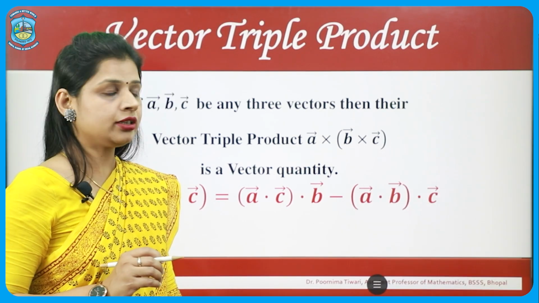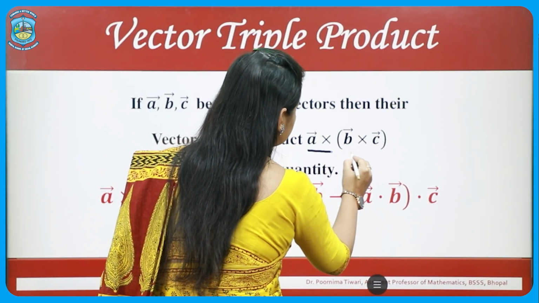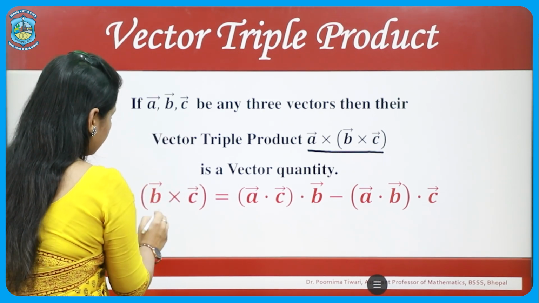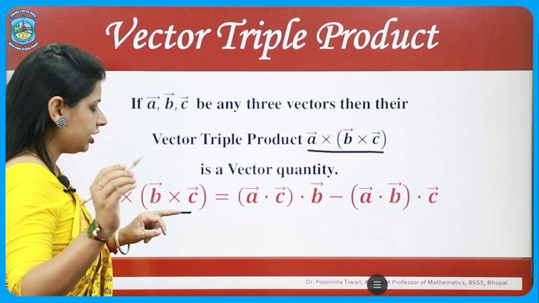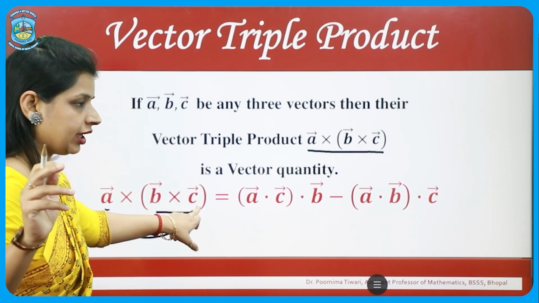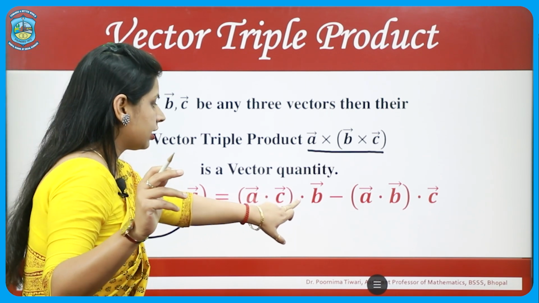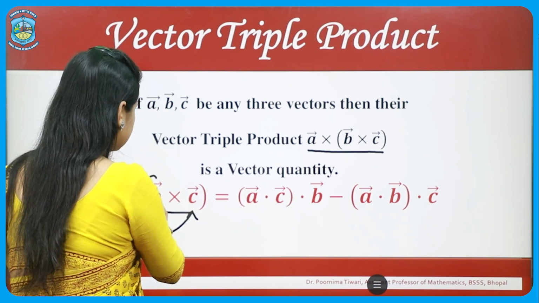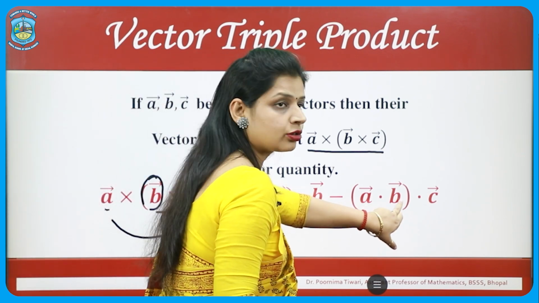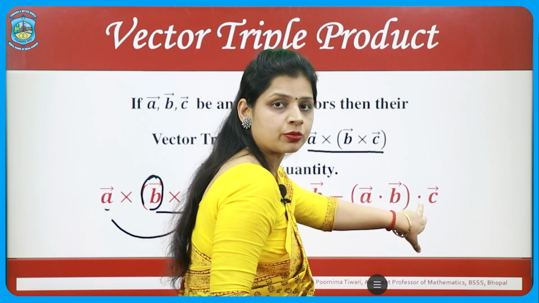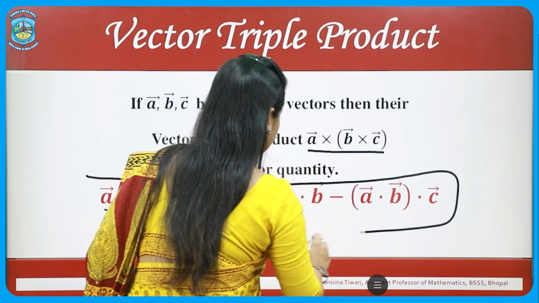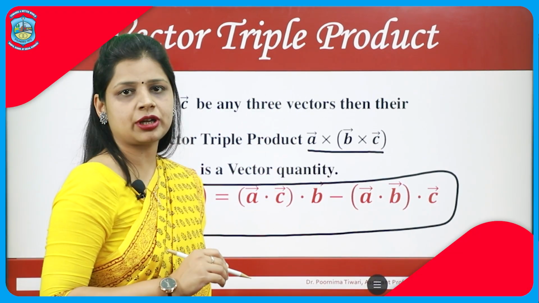We can obtain the value of this vector triple product by using the formula: A cross (B cross C) equals (A dot C) B minus (A dot B) C. So, this is the formula to calculate the vector triple product.